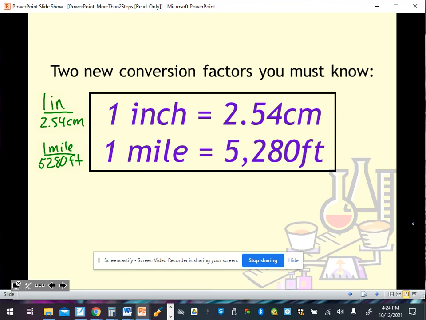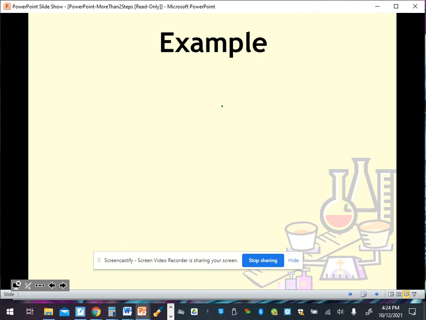Now, the inch and the centimeter is going to help me go from inches and feet, which are more American units, imperial units we call them, to centimeters, which are more metric system units. So you might have to make a jump from metric to the English version.